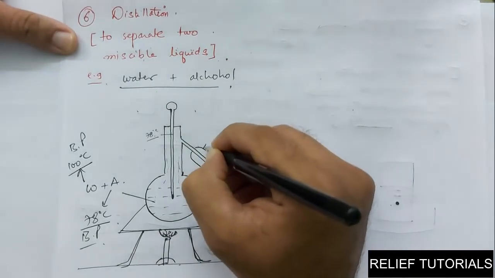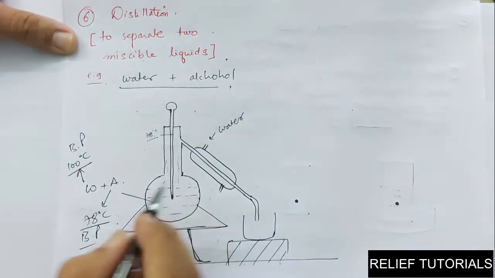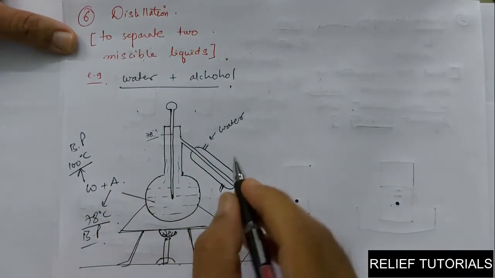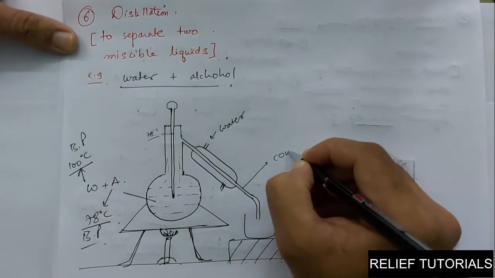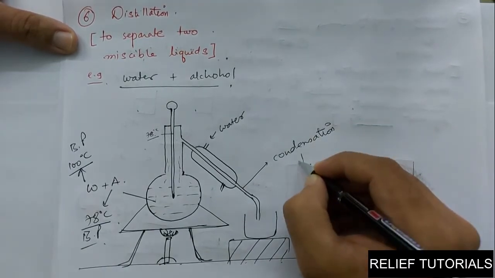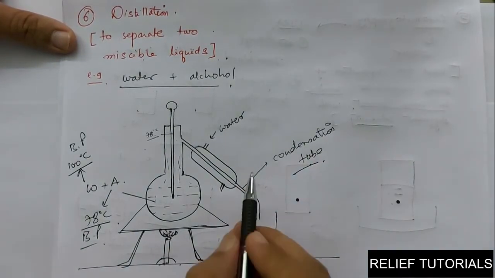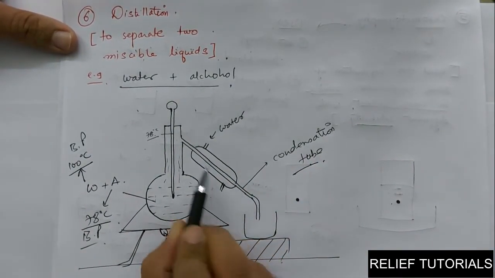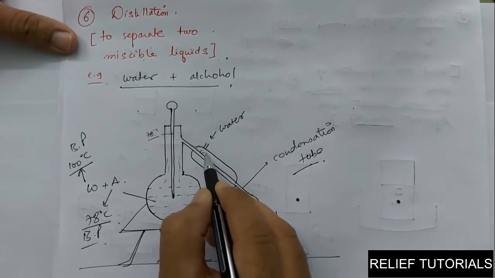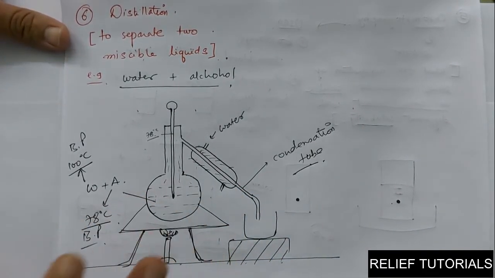There are two ways, and water is continuously flowing around this thin condensation tube.